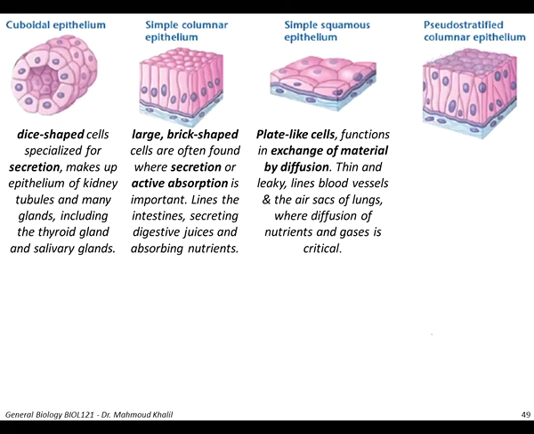And actually, this is convincing, because in this region there is always exchange between the inside of the blood vessel and the outside of the blood vessel, of either nutrients and gases. So these blood vessels and the air sacs have to be lined by this simple squamous epithelium. And the name simple implies that this type of epithelium consists only of one layer.